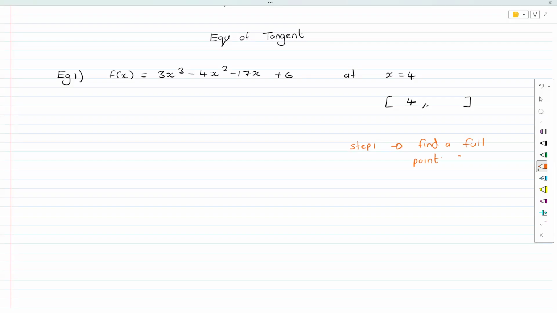I substitute x. So f of x equals 3 into 4 cubed minus 4 into 4 squared minus 17 into 4 plus 6. And this equals 66.